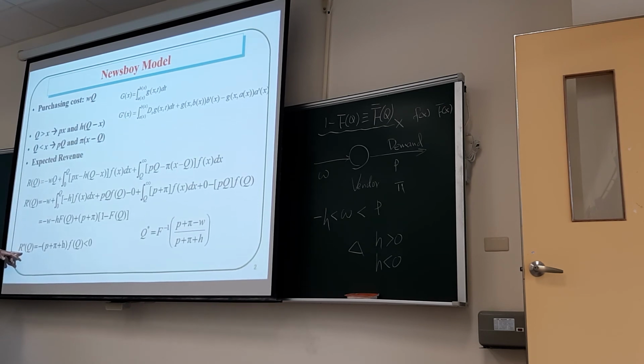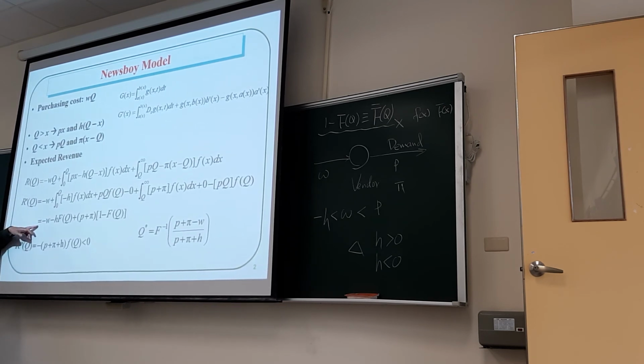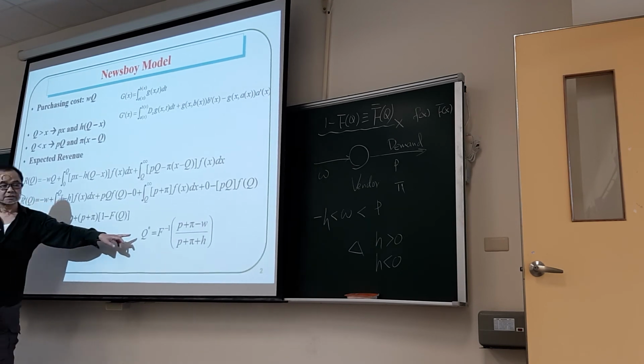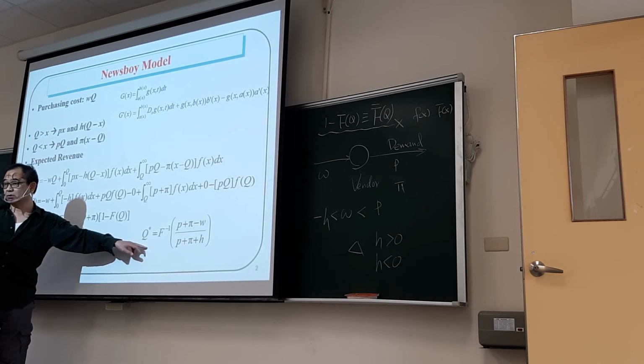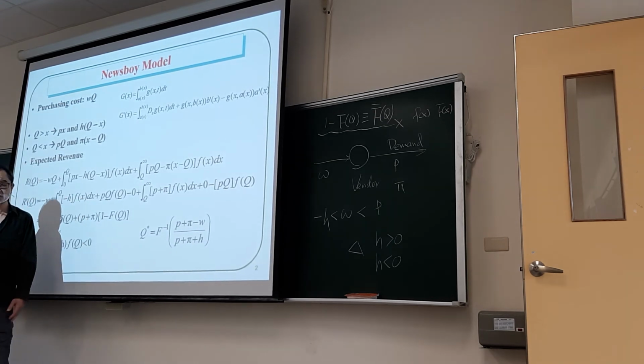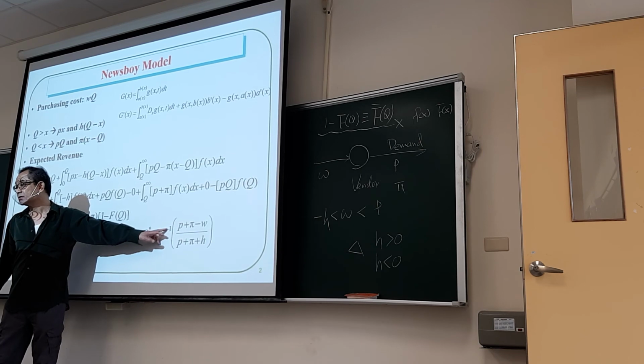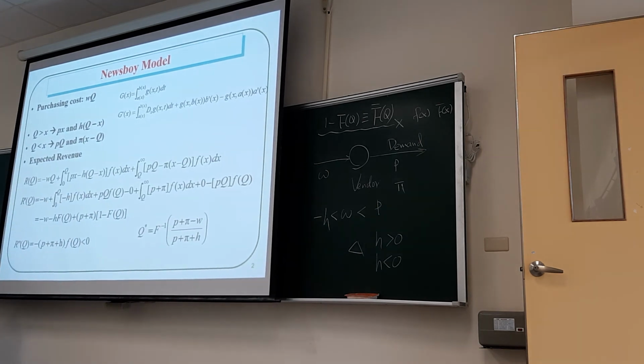By setting the first order condition to 0, we get the optimal order quantity. So this is the inverse function.